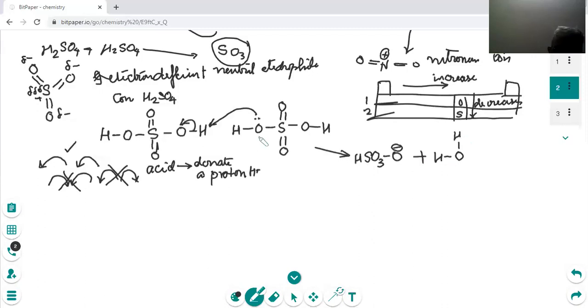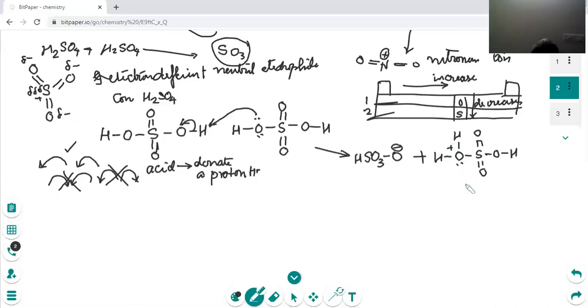Remember, you have oxygen with two lone pairs of electrons. So I have sulfur, a double bonded oxygen, again a double bonded oxygen, with OH. And I have used up these two electrons here, so that means I get a positive charge. Clear? Now you have an oxygen with three bonds, a positive charge and a lone pair of electrons.